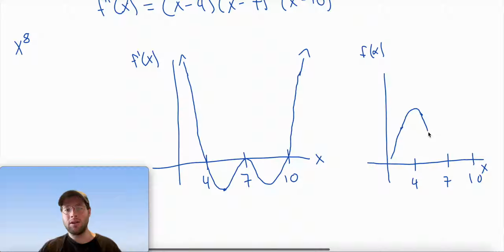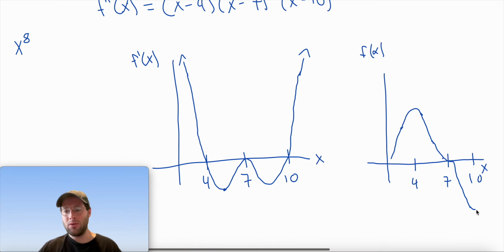We're going down to 7. Now, because the derivative is 0 here, our slope will be 0. And then after that, we're going to continue to have a negative slope. So we're going to come down and be negative still. Then at x equals 10, our slope is 0, and then it will be positive after that.